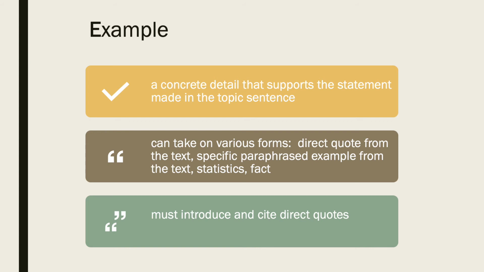You could use a statistic or a fact. If you are using a direct quote, you need to make sure you introduce it and state who said that quote. But for this essay, you're more just going to be explaining your thesis statement. So your example is going to be more of an explanation.